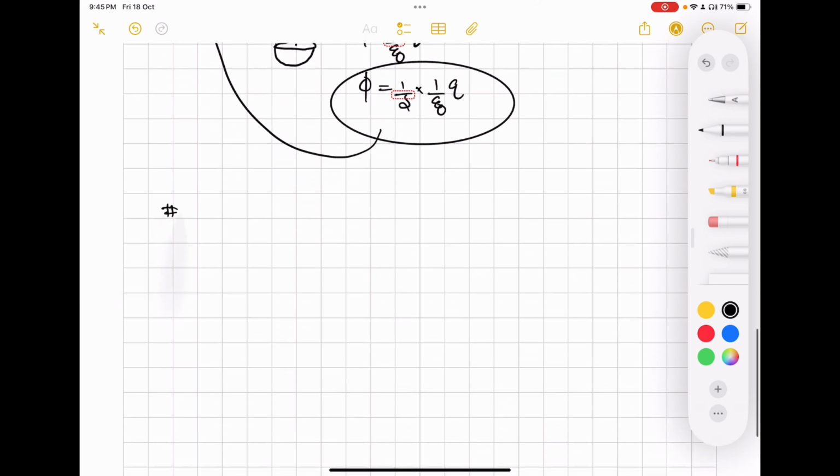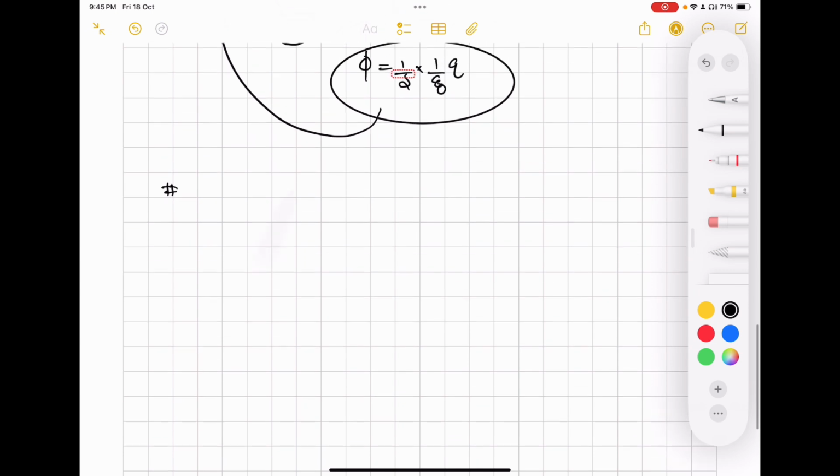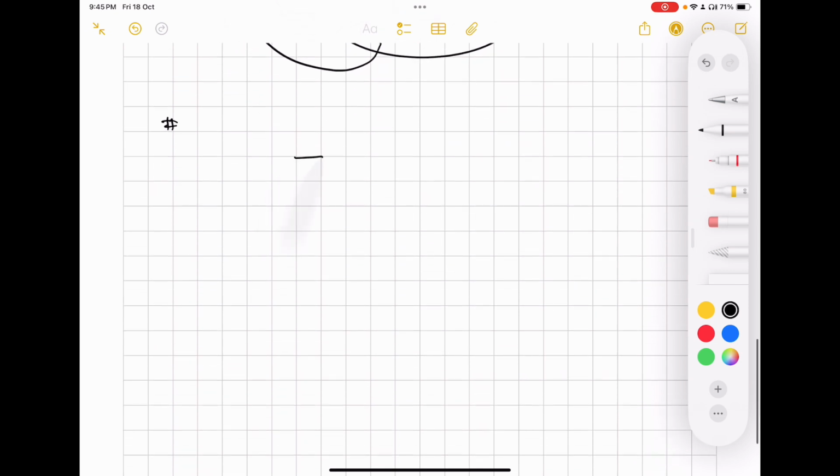Similarly, suppose we have a cube like this, and we have a charge q on this face. What will be the flux through the cube?